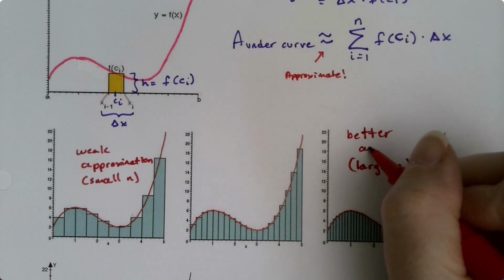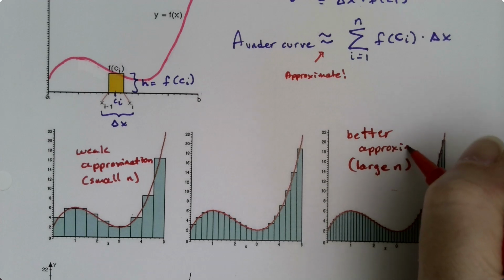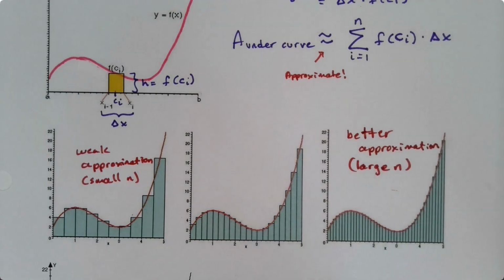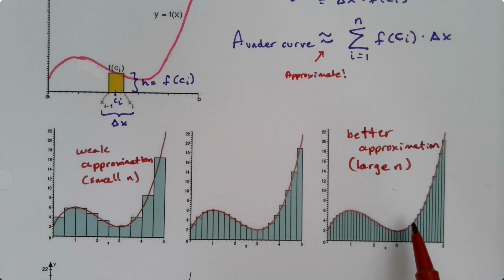But of course, the best approximation is not an approximation at all. The best approximation would be to let the number of rectangles go to infinity. And if we do that, then we're not looking at an approximation anymore. We're finding the exact value. And that's what we learned in Calc 1.